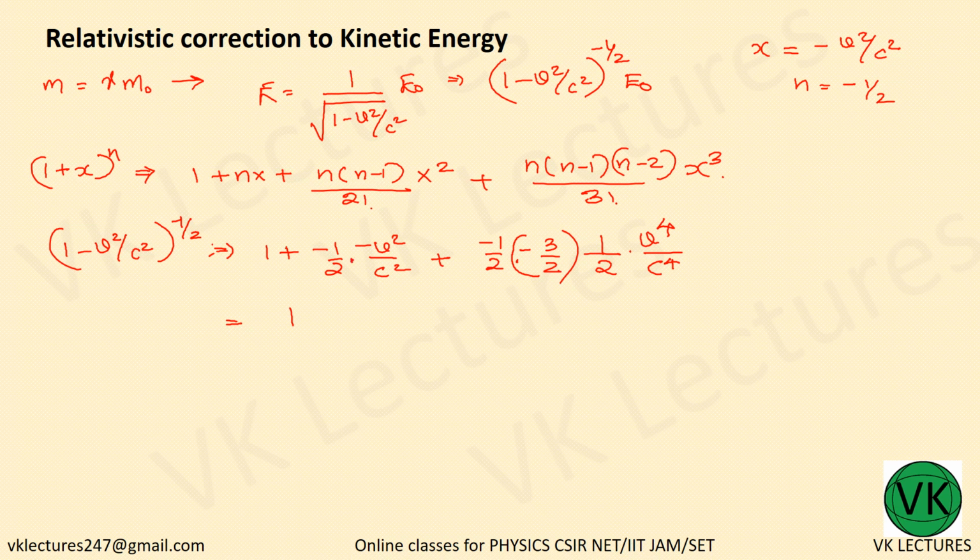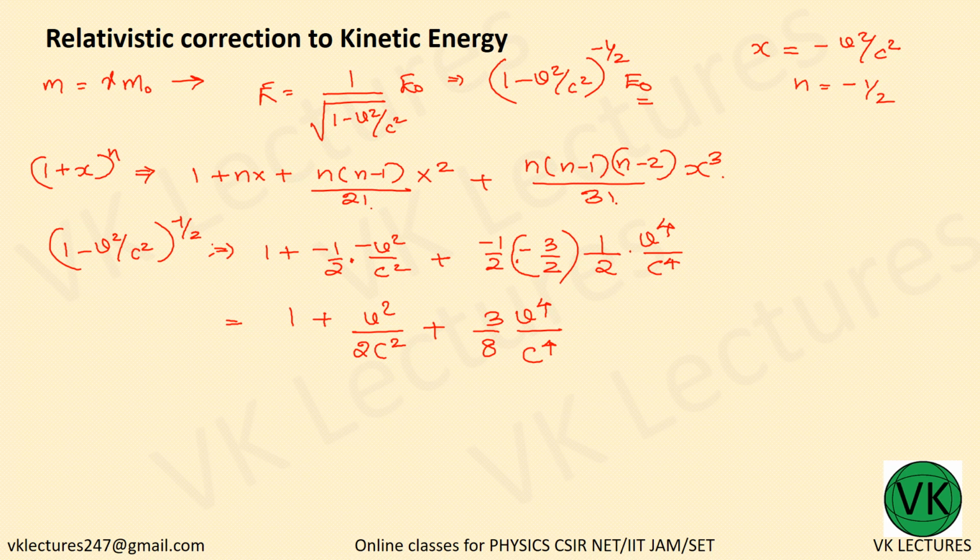Now it is equal to 1, and with minus minus becoming plus, plus v square divided by 2c square. This E naught is there, we will put it in the last term. So 1 plus v square by 2c square, plus, again minus minus becomes plus, 3 by 8 v to the power 4 divided by c to the power 4.